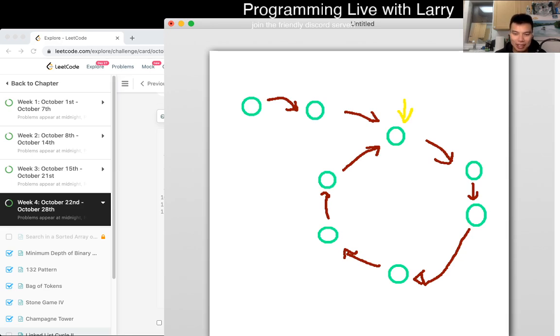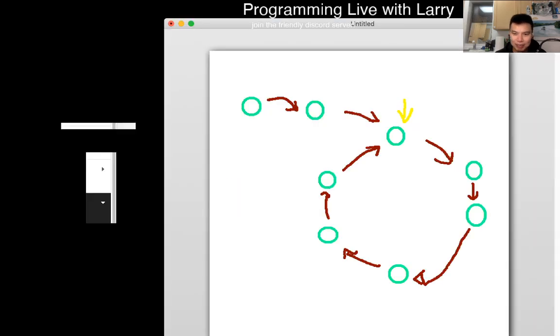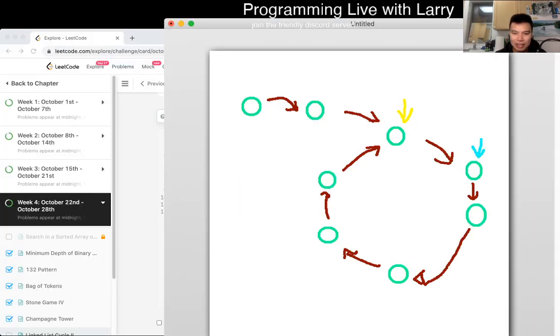Then the other pointer could be anywhere. The fast pointer, let's just say, is here. Then the distance between these two nodes would be less than the length of the cycle. So at most, it's going to be cycle minus 1 length away. So in cycle minus 1 time steps, they're going to meet. That means they'll always meet when the slow pointer is within the first iteration, right?